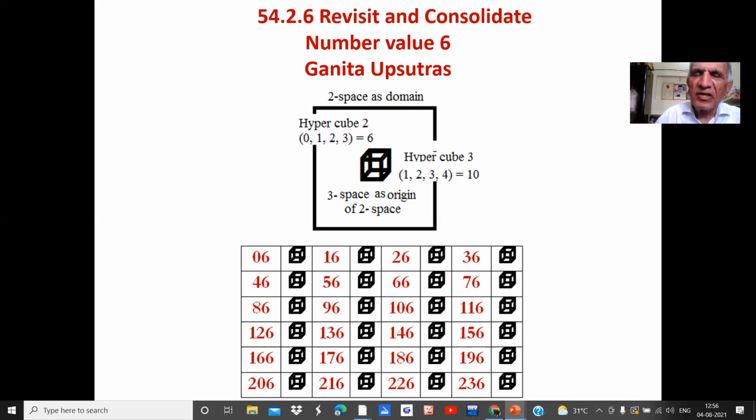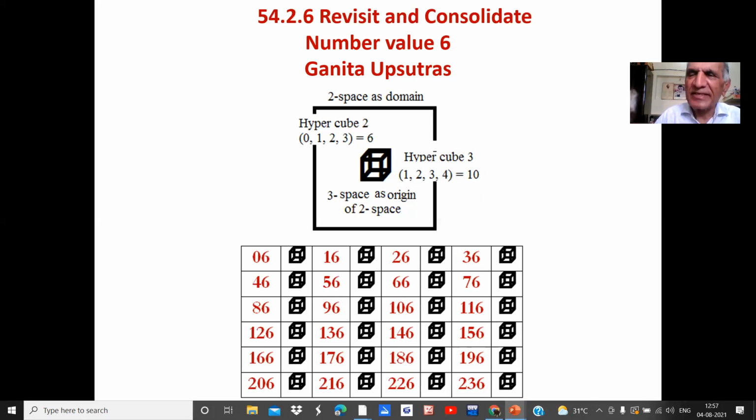Therefore, at each phase and stage, we will be having cube as a bridge. So 23 cubes are to be availed for having exhaustive coverage of the mathematical domain of 13 Ganita Upsutras.